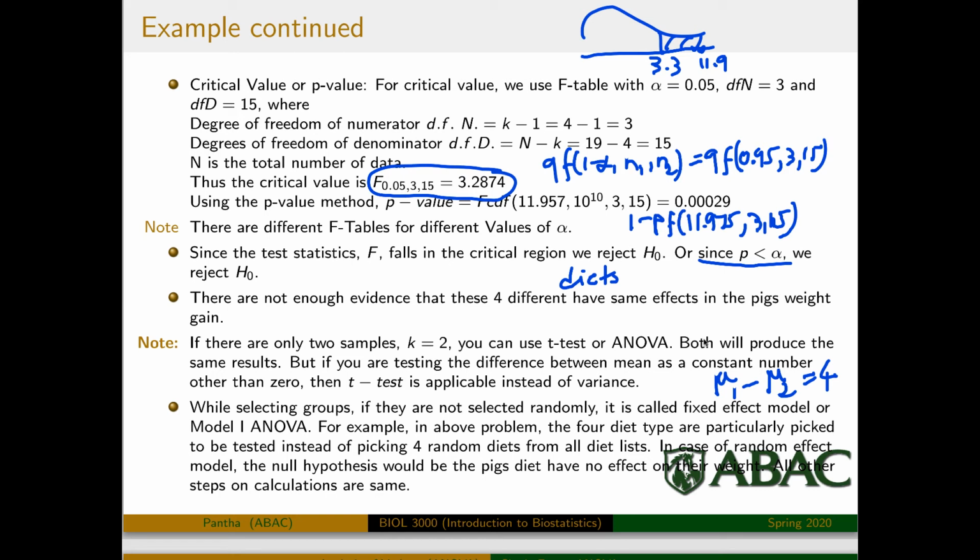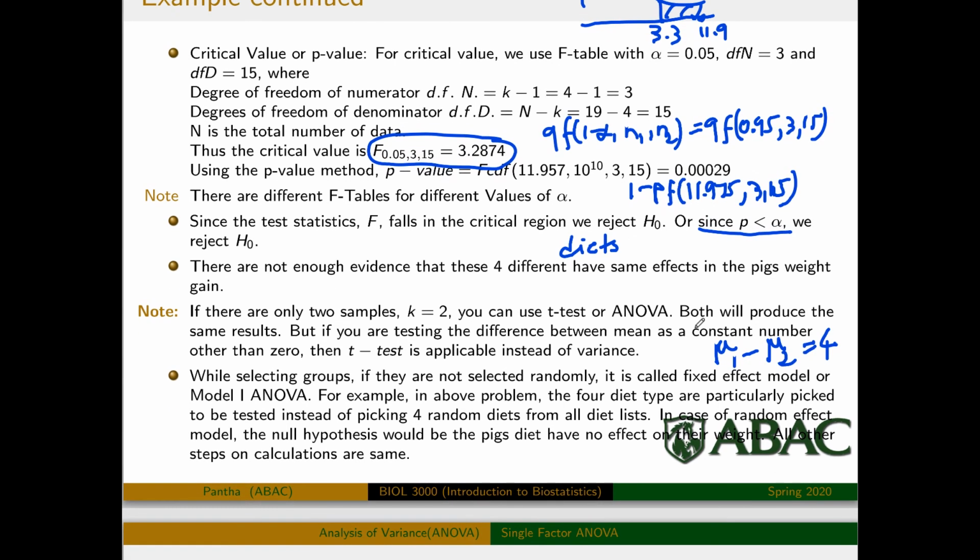And we wanted to test whether that difference in age is greater than 5 or less than 5. So in that case, if the right-hand side is not 0, then ANOVA is not useful. You will have to use the t-test, okay? But ANOVA is mainly for more than 2 samples, testing whether they are equal or not. That's when we use ANOVA.